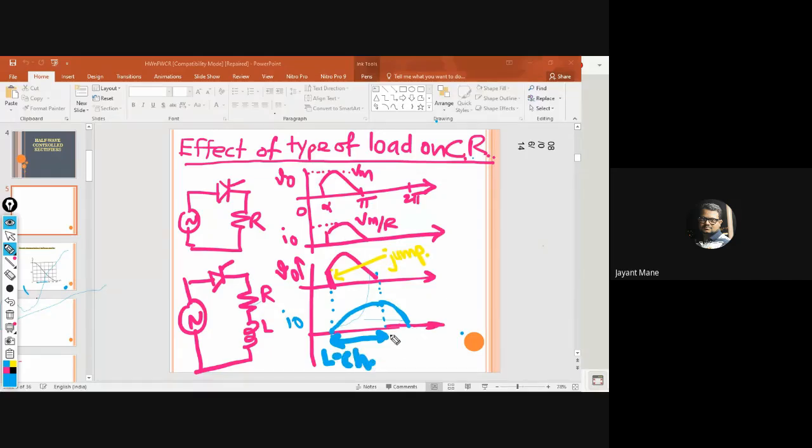And during this period, inductor is discharged. So during this period, inductor is charged.